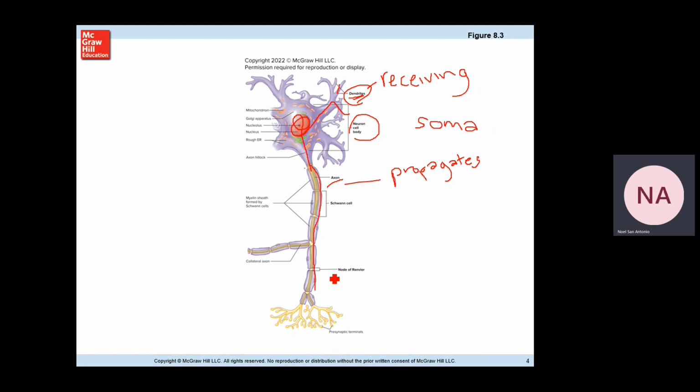So as a summary, you have two main parts of a neuron or a nerve cell. First, you have your neuron cell body and the two types of projections arising from the cell body. You have your dendrites and your axon. Your dendrites are the receiving parts, while your axon is the propagating part of the neuron.